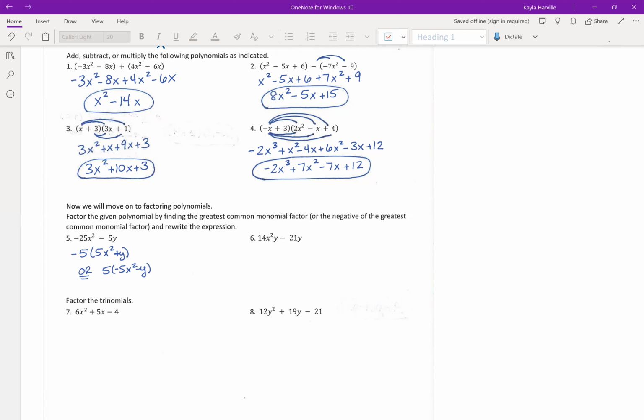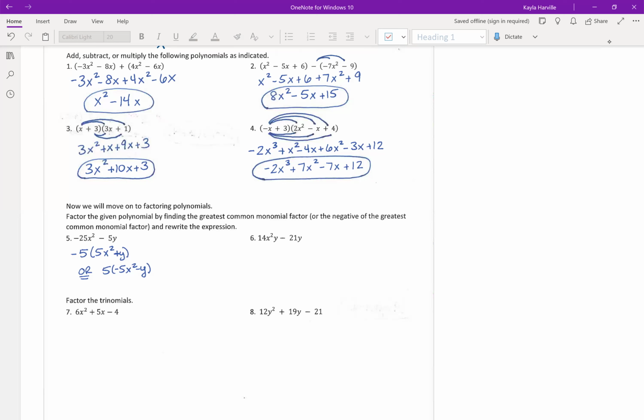So we're now going to move on to factoring binomials, which is just two terms. So we want to factor out the greatest common factor or the negative of it, whichever is going to get us fully factored. So in 5, we noticed that we had a negative 5 in common, so we factored that out, and that left us with 5x squared plus y.